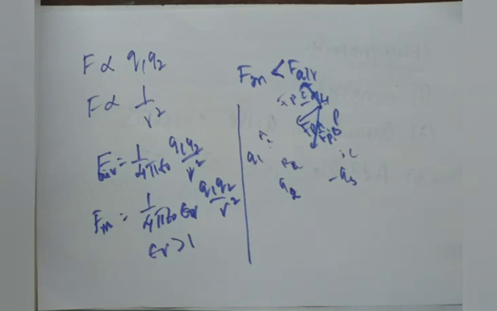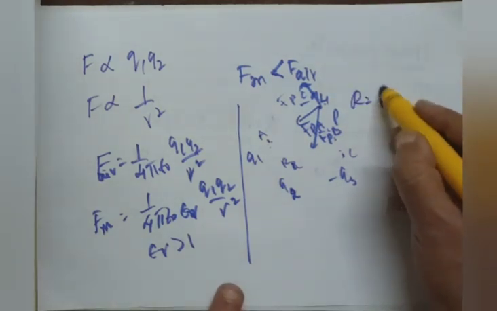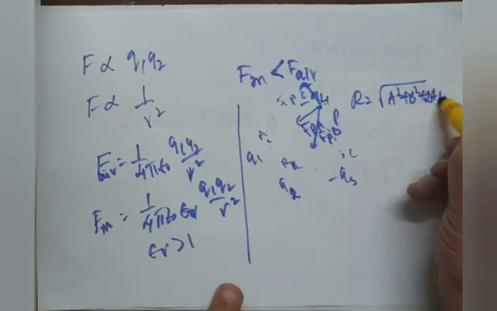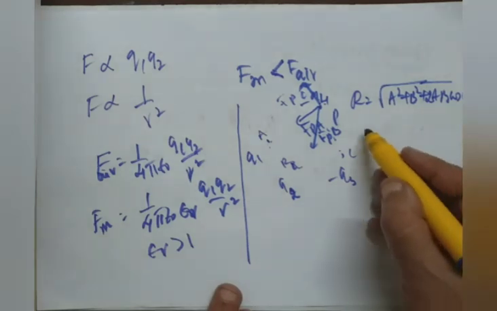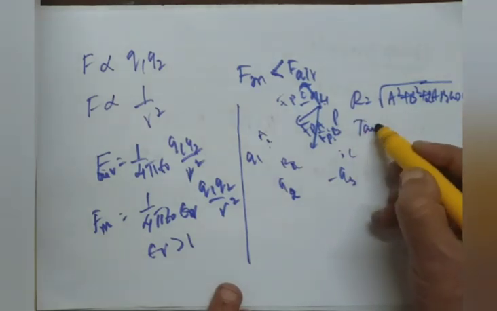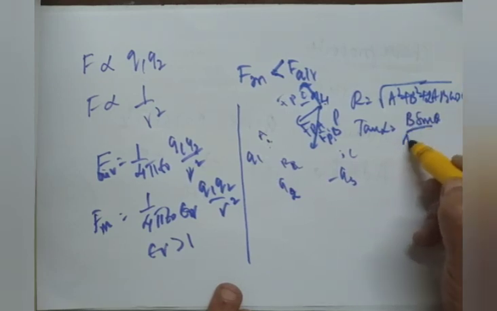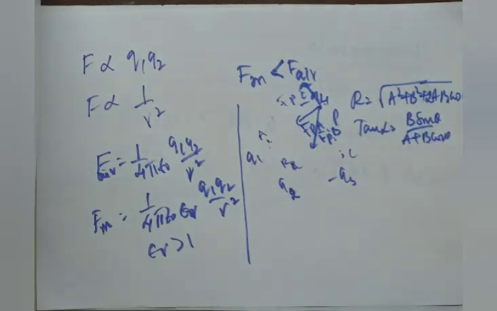When only two forces are there, you can make use of the resultant calculation R equals root of A square plus B square plus 2AB cos theta. This is not mandatory. You can also use resolution again, and the direction is given by tan alpha equals B sin theta by A plus B cos theta. This formula is for when two forces are taken.